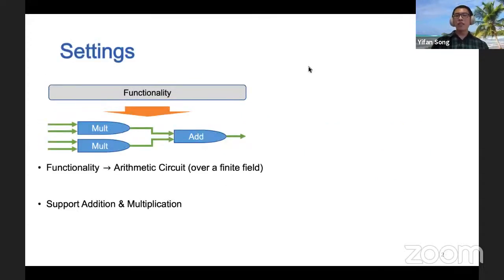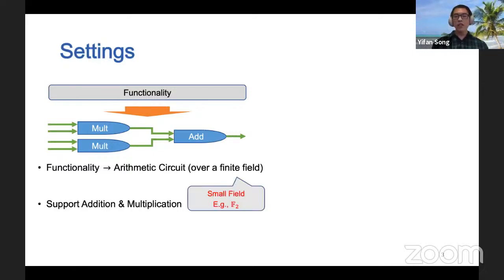Multiparty computation allows several mutually distrusting parties to evaluate a function on their private inputs. It guarantees that protocol execution does not leak any information about the individual inputs beyond what can be inferred from the function output. Usually, the functionality is represented as an arithmetic circuit over a finite field, and the circuit supports addition and multiplication operations.